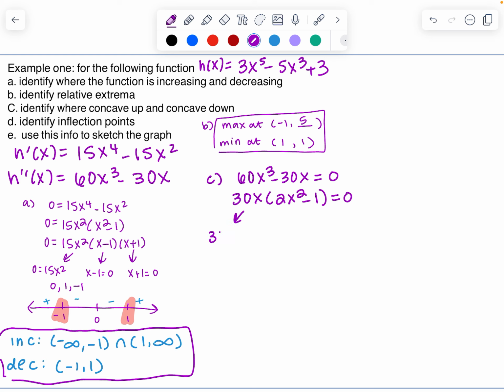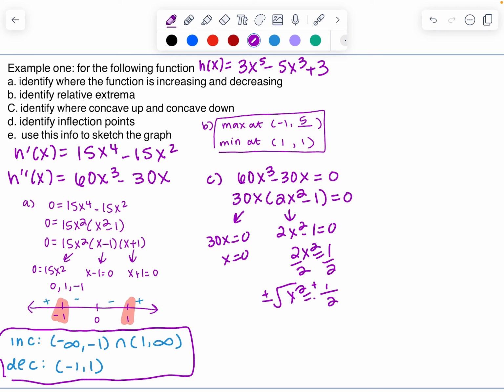So I'm just going to do 30x equals 0. And then 2x squared minus 1 equals 0. Sorry, this should have said 30x equals 0. So I'll get x equals 0, and then to solve this, I'll get 2x squared equals 1, divide by 2, and then I saw this on the quiz we were forgetting: if you square root both sides, you'll have the negative and the positive answer.